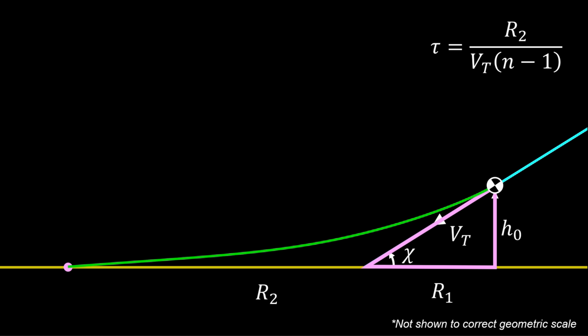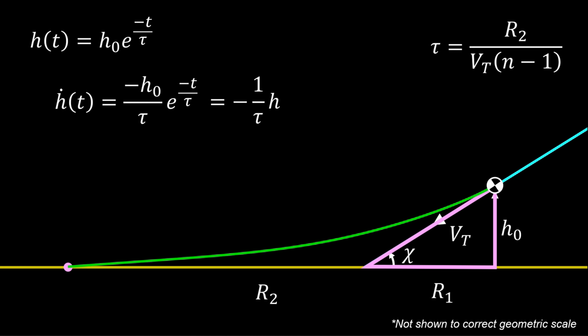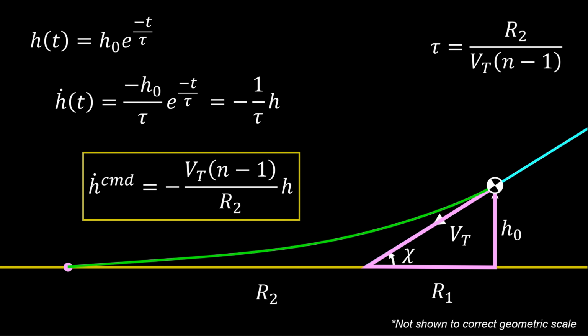As we showed before, the desired exponential flare path can be differentiated so that the rate of descent is -1 over the time constant times altitude. Given the aircraft present altitude, then, this expression provides the desired rate of descent, h dot command. The rate of descent command model is a key element of the flare path control architecture.